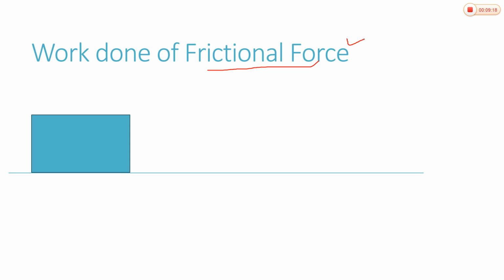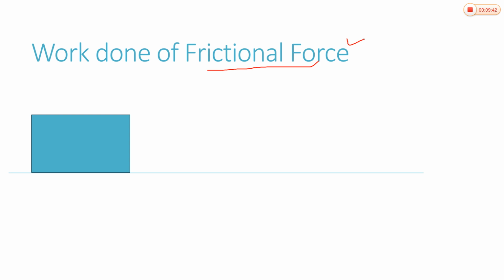We have one block which is resting on the horizontal floor, and I want to move this block by applying an external force. Frictional force is what? It's an internal resisting force. Means when the object is going to move, the internal resisting force develops at the tangential surface to stop that motion, to resist that motion.